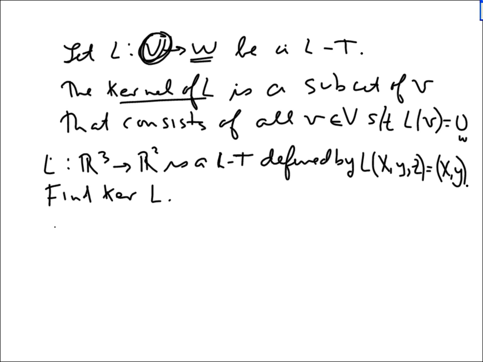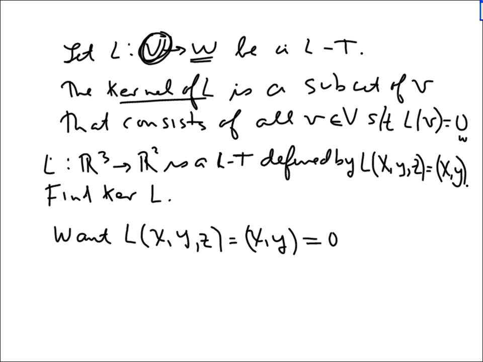Okay, well, we want L of, say, x, y, z, which we know is equal to x comma y, to be 0, 0. We want to know what can I take L of to get 0, 0.